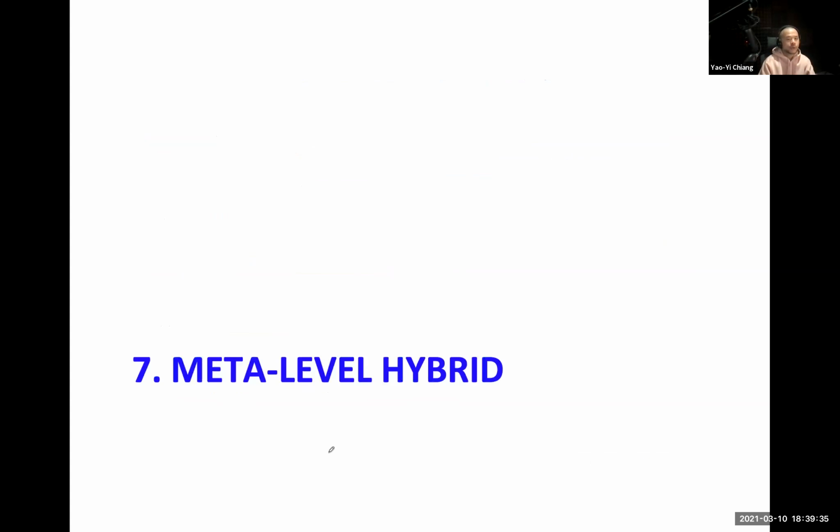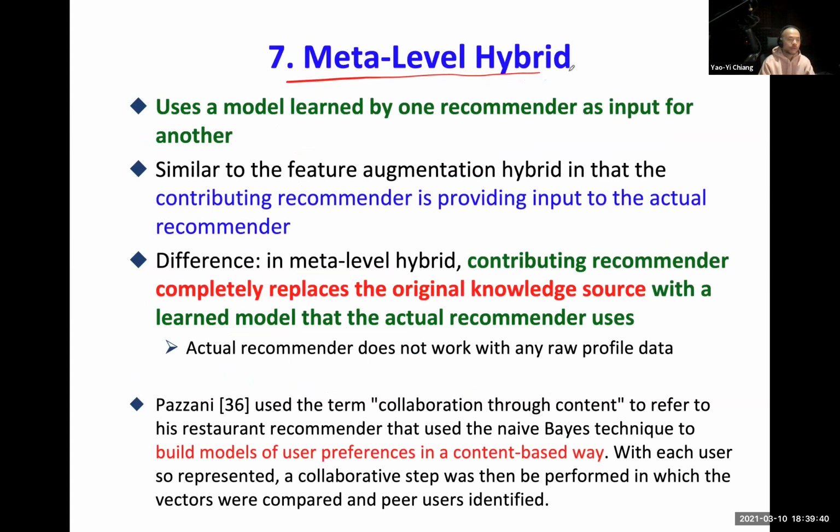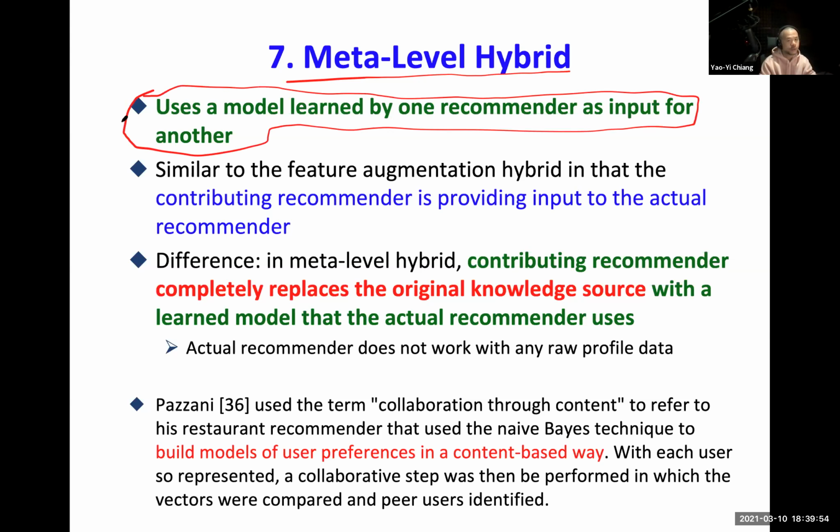Okay, so next one, meta-level hybrid. This one is very similar to the augmentation, but I will show you how this is different. You first use a model learned by a recommendation system and use the result as the input to another recommendation system.